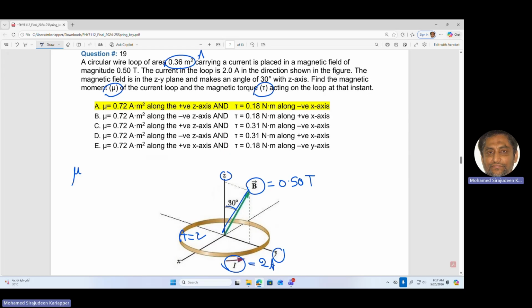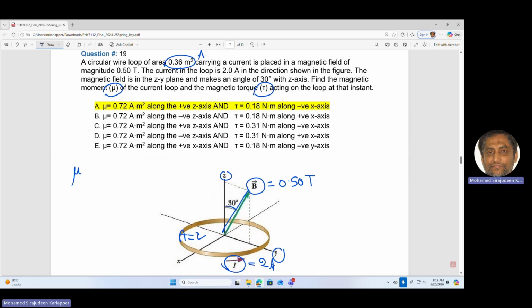Magnetic moment, if a loop of wire, it can be any shape, but it should be a closed wire. If there's a current through that loop, because of that current it will have what is called a magnetic moment.